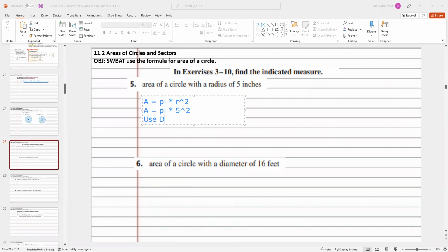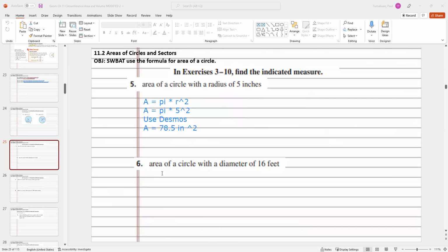We're going to use decimals. 25 times pi is 78.5 inches squared. Remember, area is always squared. So whatever that unit is, you want to square it.